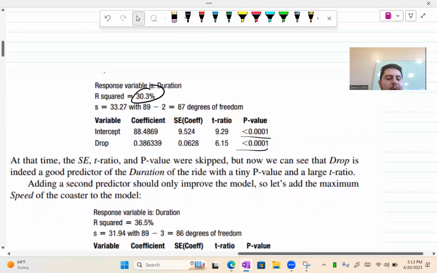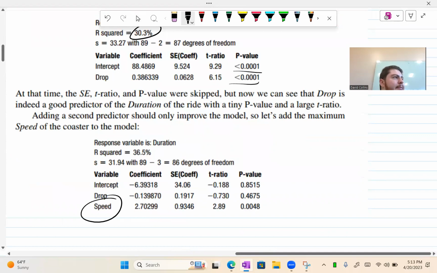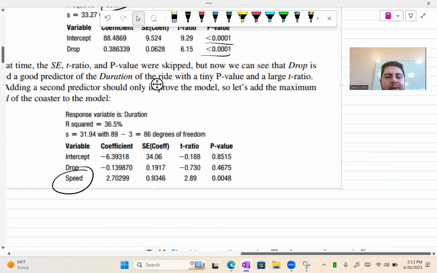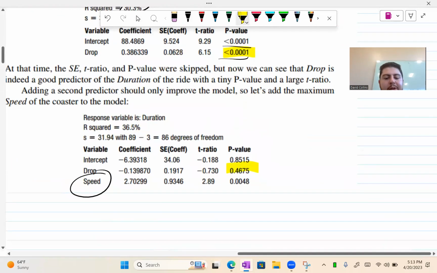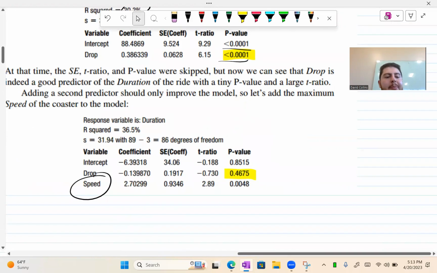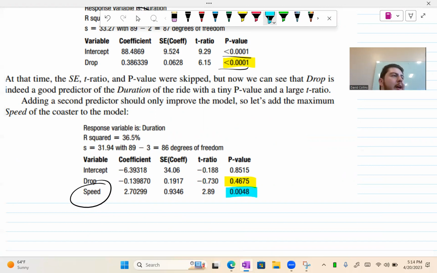So we add a new variable, speed. Now, pay attention to the p-values. Notice how drop went from significant to insignificant once we introduced a statistically significant variable called speed.